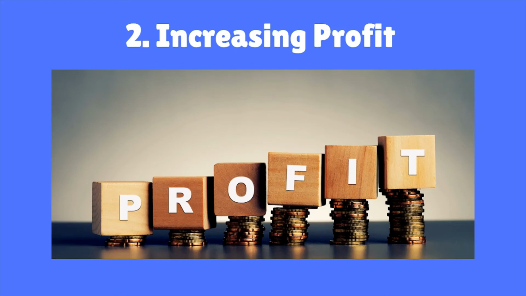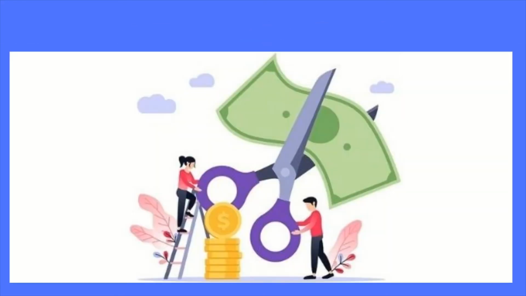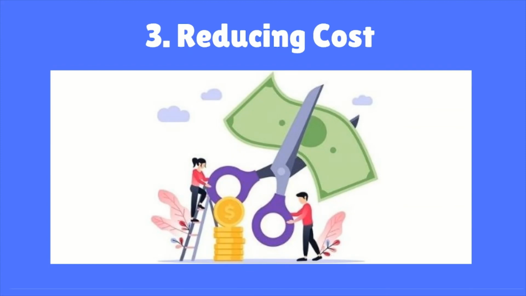So next strategy is reducing cost. Reducing cost is also one of the ways to increase the profitability of the business. So what does reducing cost mean? Cost reduction is a process of decreasing a company's expenses to maximize profits.